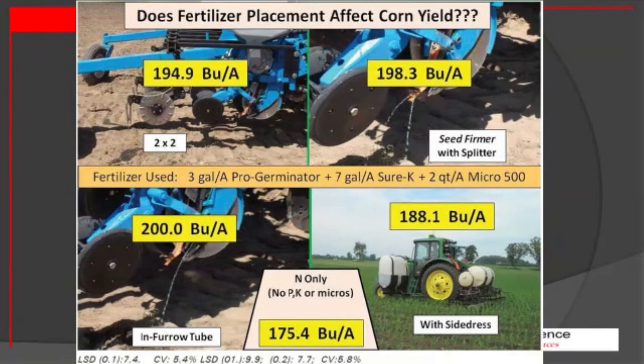I would have loved to see this with some more phosphorus involved. You can certainly see the in-furrow was better than the side dress, and certainly better than the no starter there. So that gives you some idea of what comparisons you might see between these systems.